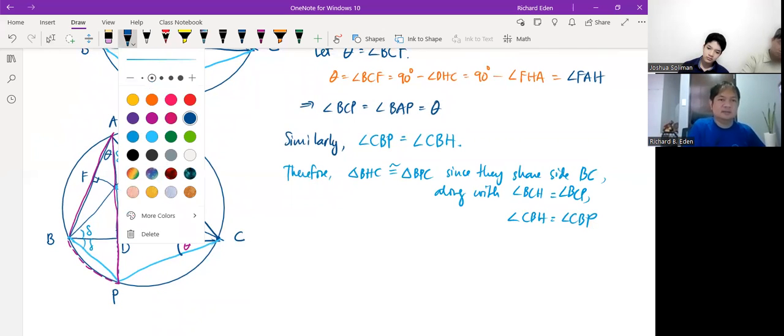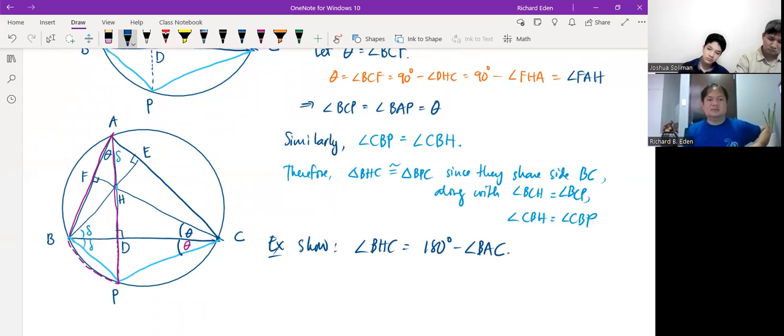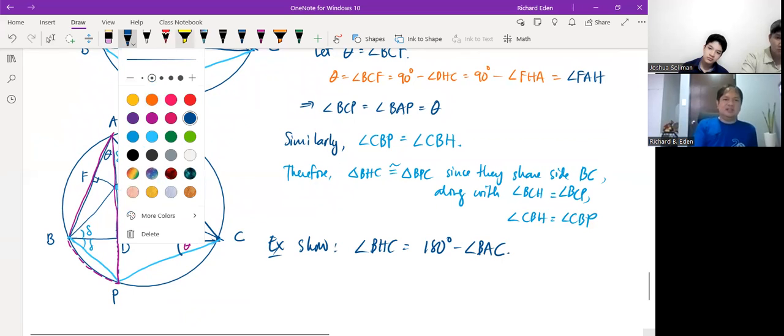Next, follow up. Show that angle BHC equals 180 degrees minus angle BAC. Where is BAC? This is BAC.